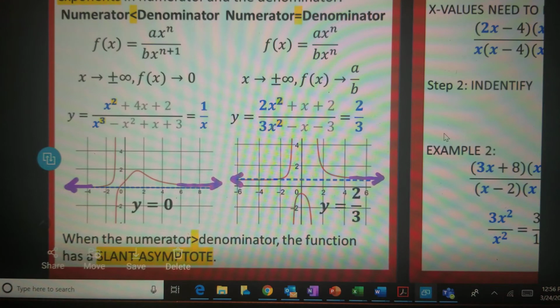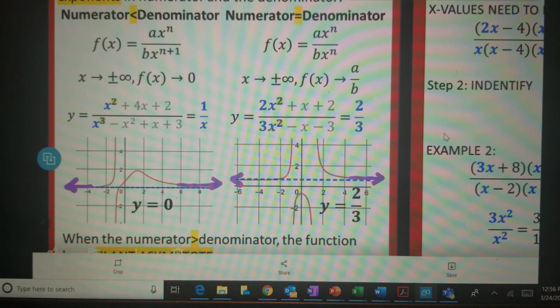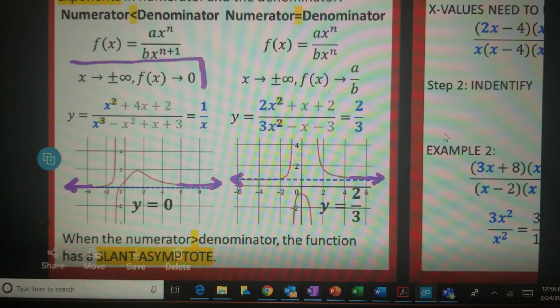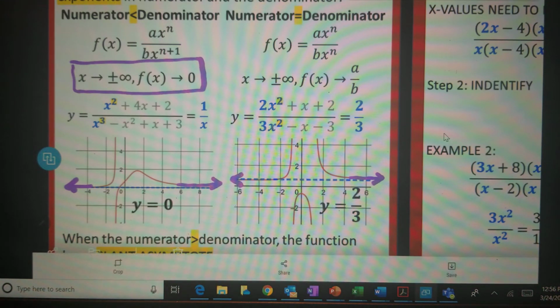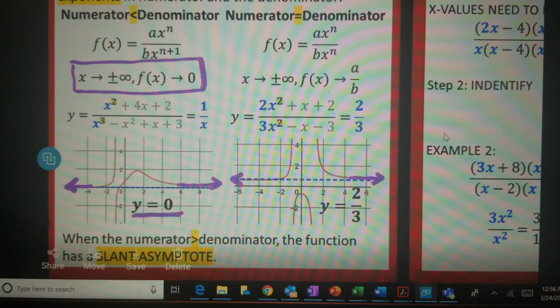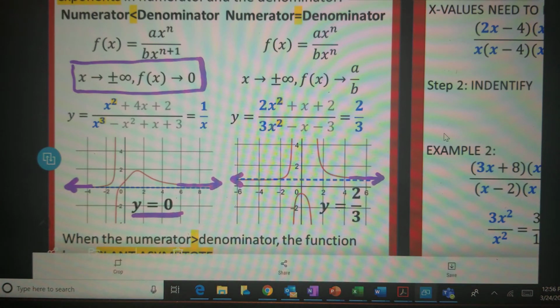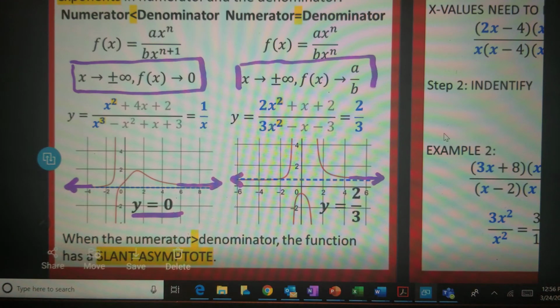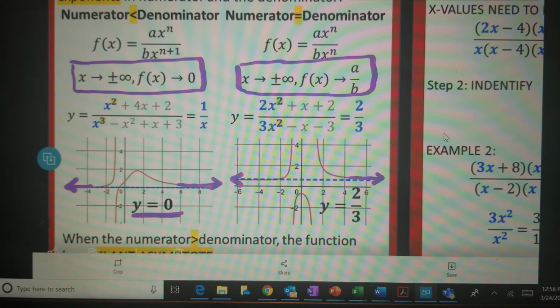So in this one, as x approaches either positive or negative infinity, f of x is approaching 0, so that's why our horizontal asymptote is a line called y equals 0. In this condition is where the numerator and the denominator have the same exponent value.